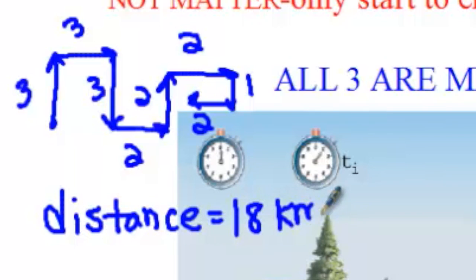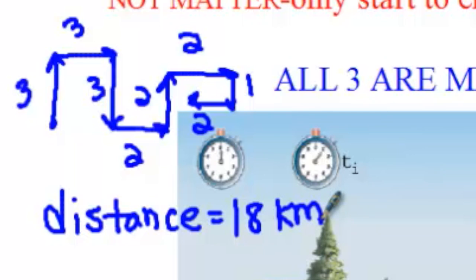In order to get distance, just like I would in math class, I simply add them up. 3 plus 3 plus 3 is 9, 10, 11, 12, 13, 14, 15, 16, 17, 18. The distance that this object moves is 18 kilometers, just double checking my math there. So it moves 18 kilometers.